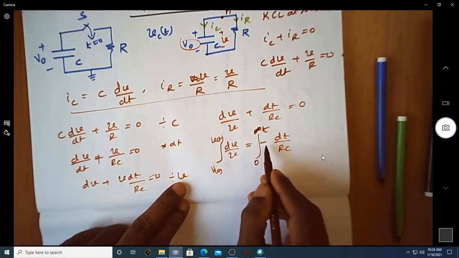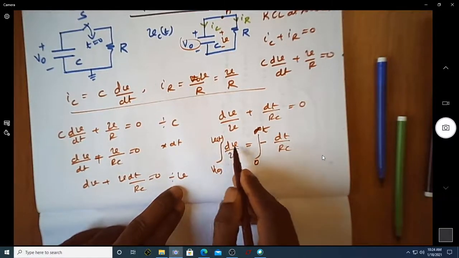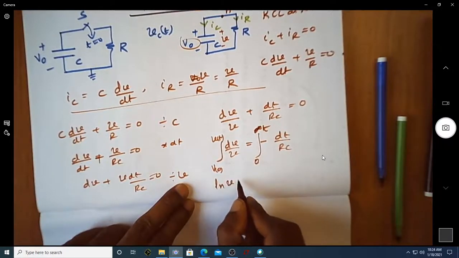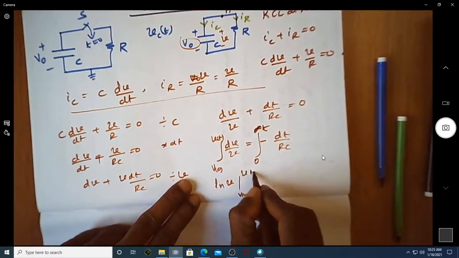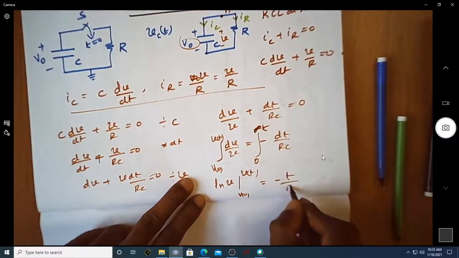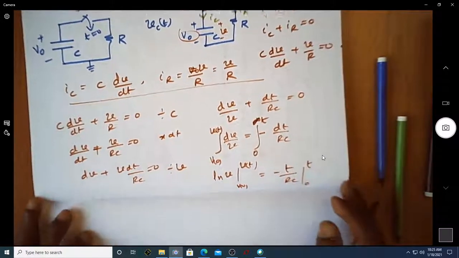So it is 0 to t. We know that the integration of this happens to be ln of V with limits V0 and V of t, and this happens to be minus t by RC with the limits 0 to t.